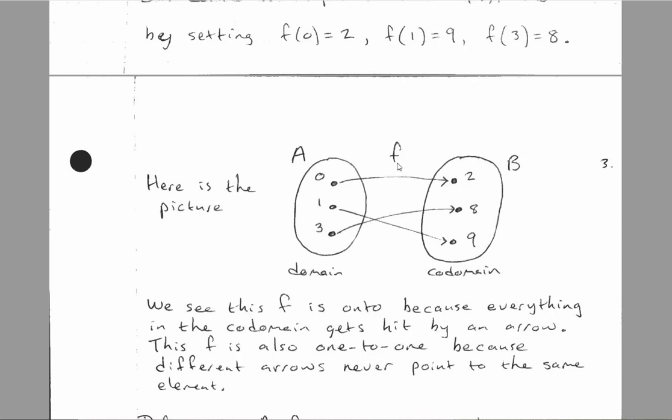Okay, so is this f one-to-one or onto? Well, first, it's easy to see it's onto, since everything in the codomain is getting hit by an arrow. The range is 2, 8, 9, which is equal to the codomain.